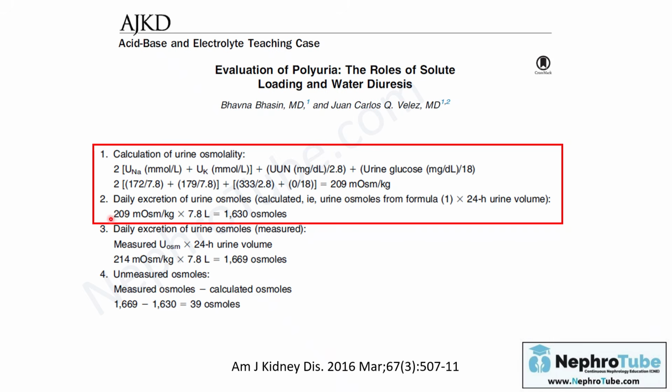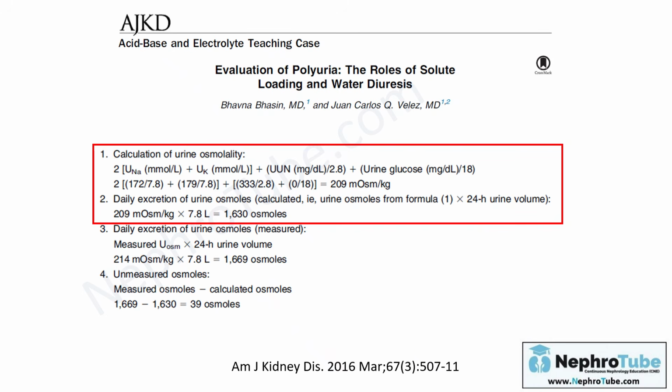I mentioned you have to multiply the urine osmolality by the urine output of the patient. This patient's urine output was 7.8 liters. So when they multiplied 209 by 7.8, the osmoles calculation showed 1630 osmoles. So this is more than 900, and in some references more than 1000.